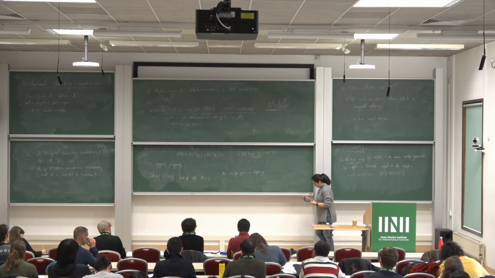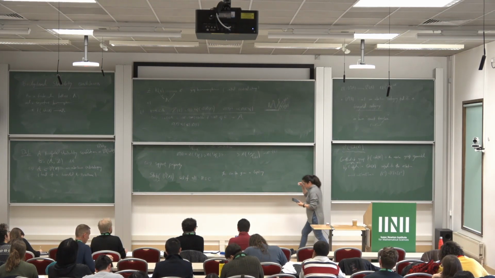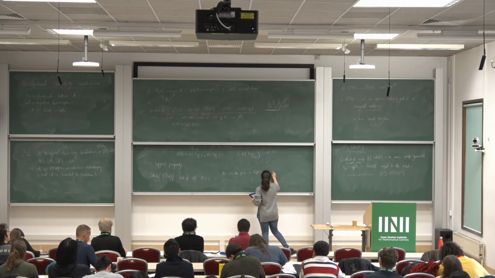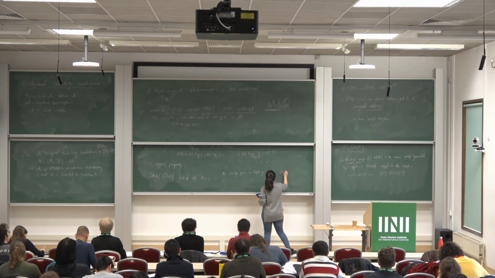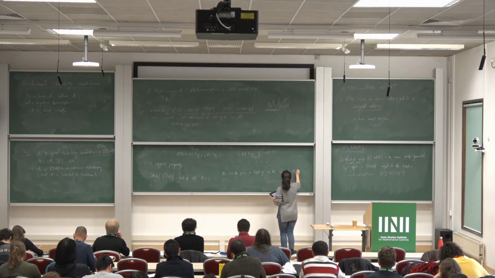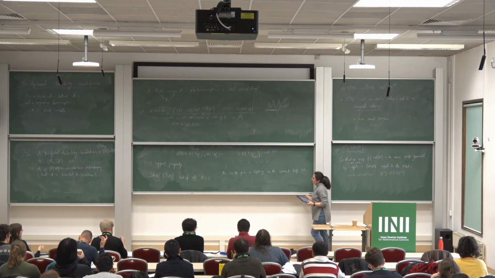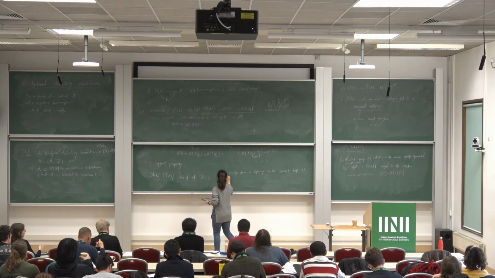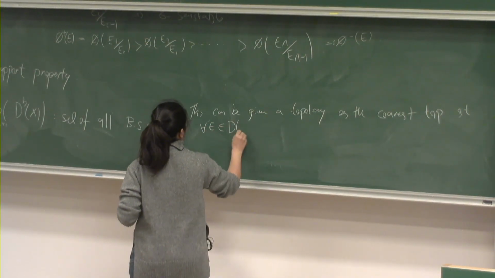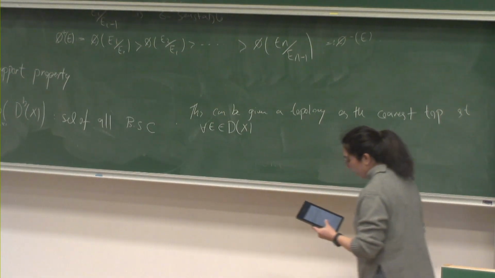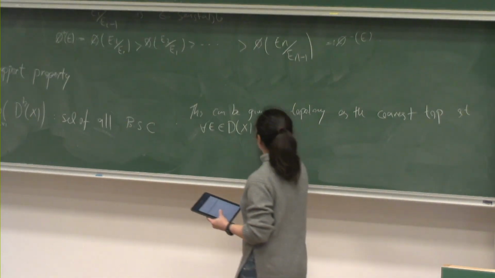Then the topology can be given as the coarsest topology such that if I pick any object in the bounded derived category of X, then three maps are continuous.